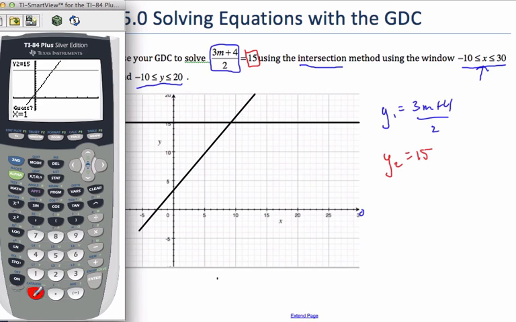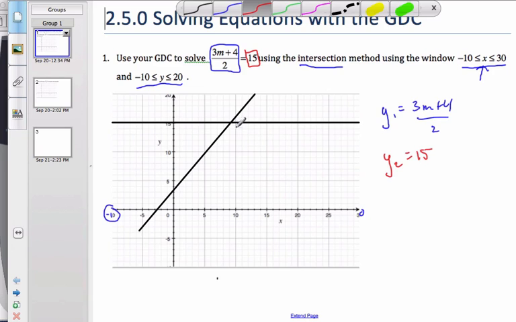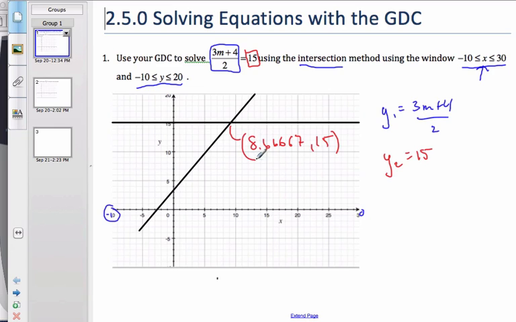So I'm going to type in 10, hit enter, and there is my answer, 8.6666, comma 15. So to solve this equation, what value is it, Mr. Cole? Okay, so m is going to be the x value. That one there. And so to 3 significant figures it is 8.67.